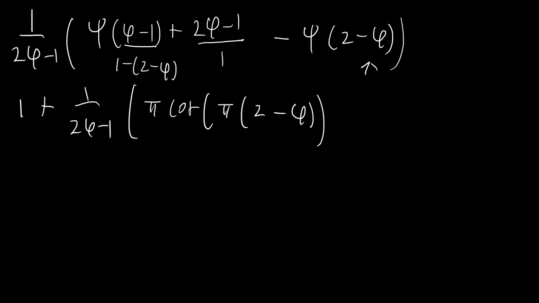And I can go ahead and simplify this real quick. So this is just going to be 2 pi minus pi phi, right? And cot of 2 pi minus x is just negative cot of x. Our answer is just going to end up being 1 minus 1 over 2 phi minus 1 times pi cot of pi phi.